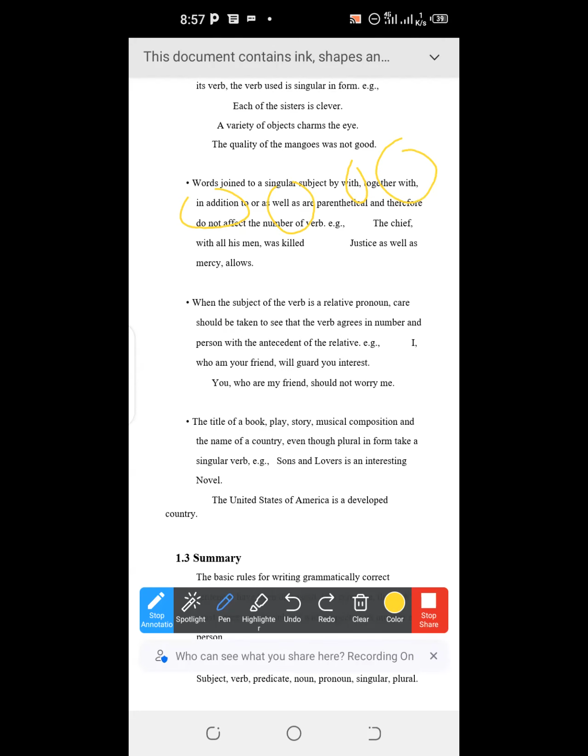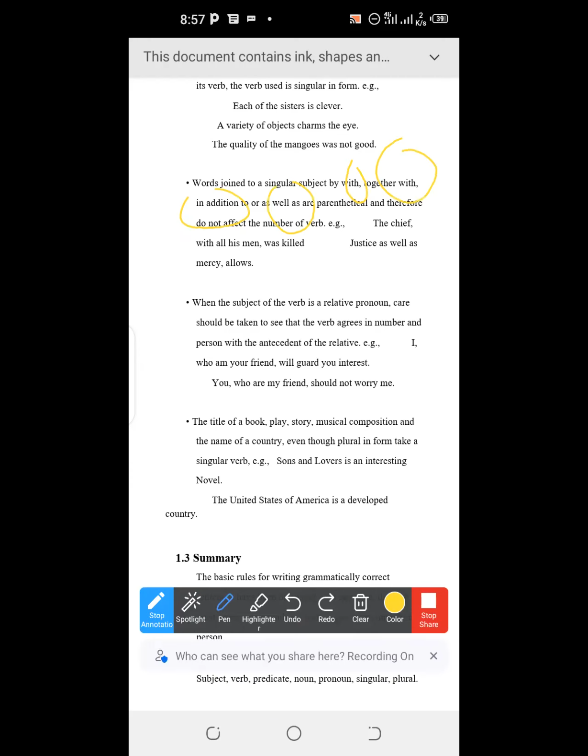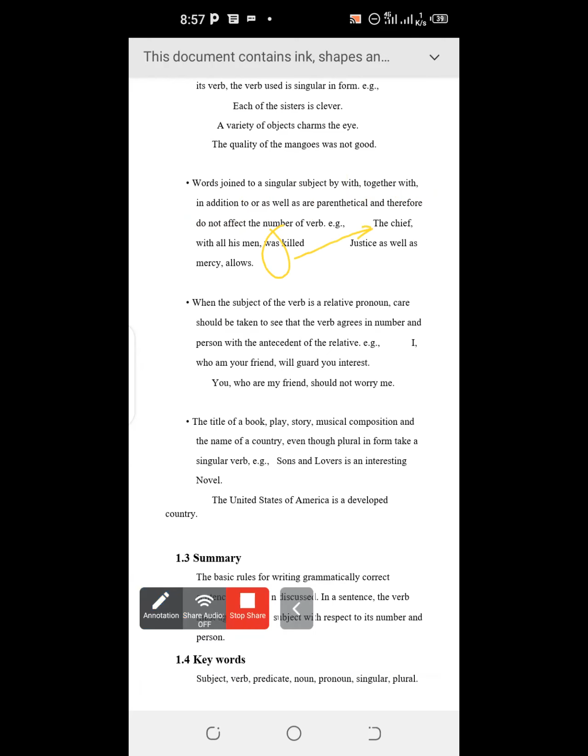We're talking about Imran Khan, and with his sons, with is included with Imran Khan. Like the chief with all his men was killed. So here was is used for chief. It is not used for all his men. So when there is with, together with, in addition to, or as well as, in this case, you will use the singular verb.